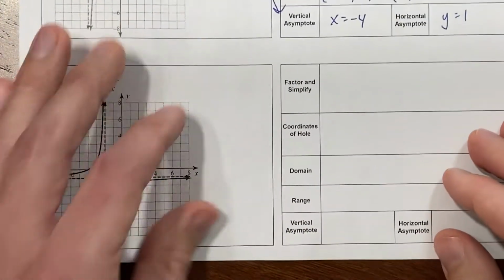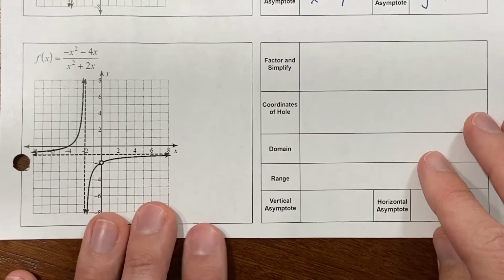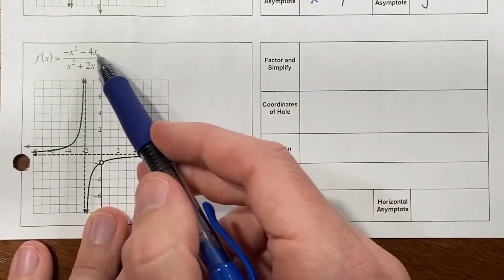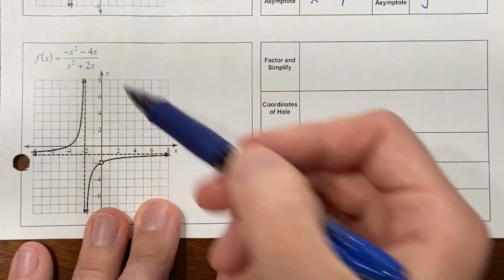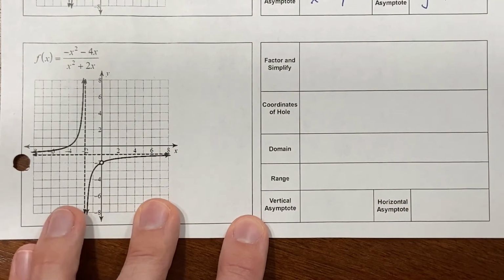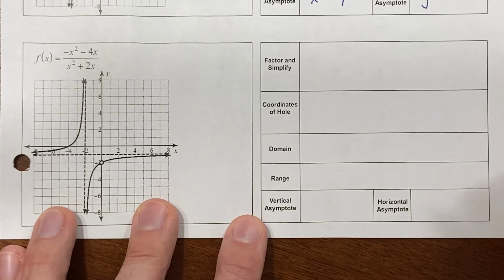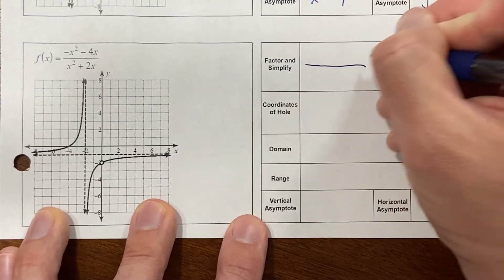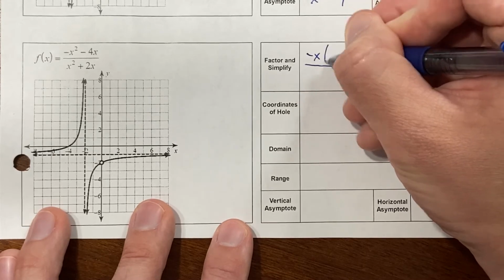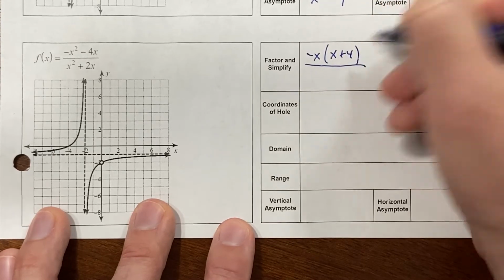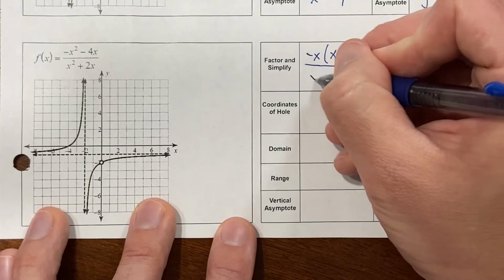All right, last one down here. All right, gotta factor this thing. I'm noticing both these have a greatest common factor. So up top, I can factor out, what? Let's do a -x and then make this x plus 4. And then factor out an x right here.